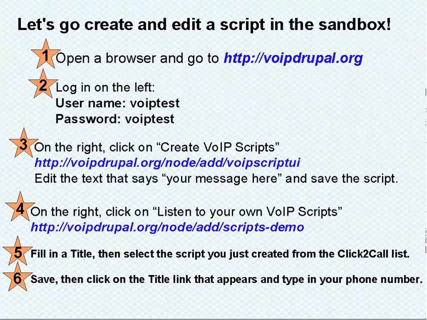This is the sandbox. Right over here is where you create a visual VoIP script. Let's go to the sandbox in reality. So here it is. We log in as voiptest, voiptest.